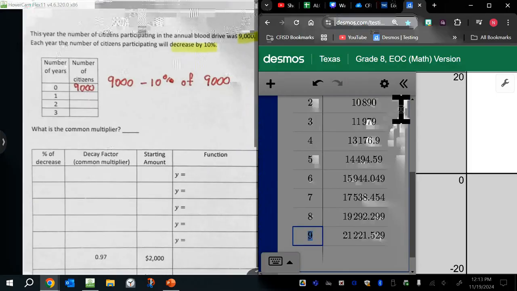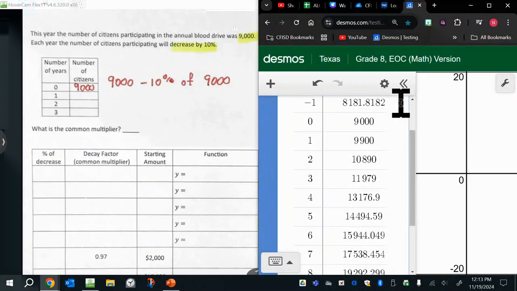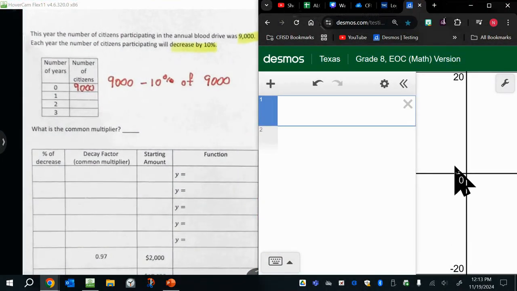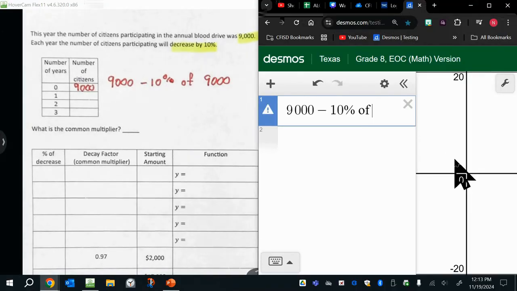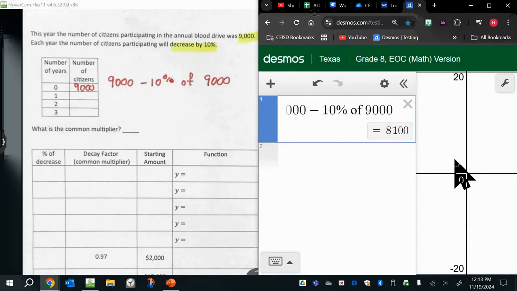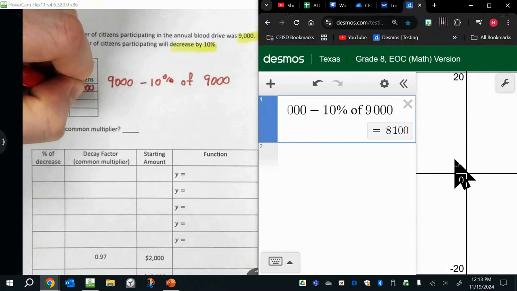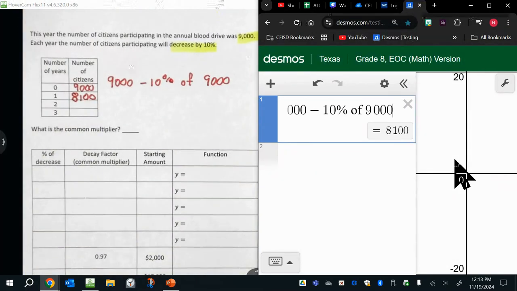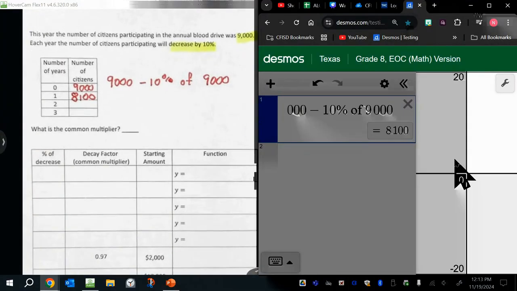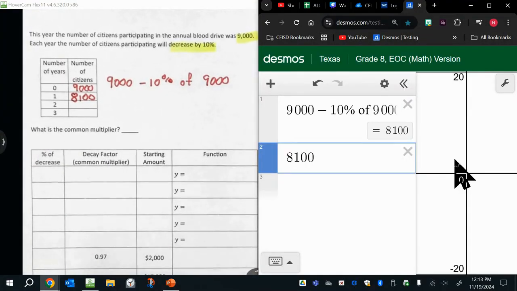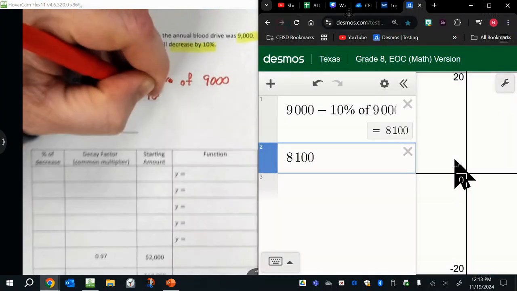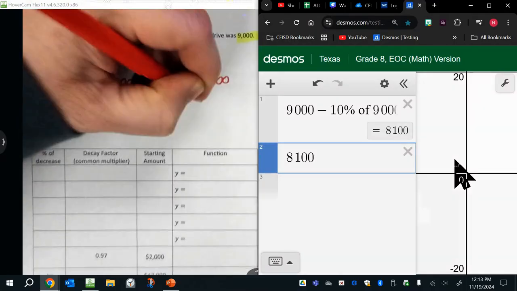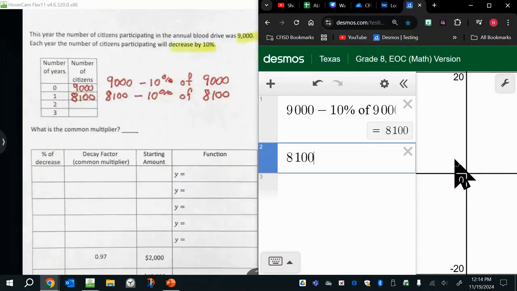So I'm going to clear out what's over here. And we're going to say 9,000 minus 10% of 9,000. So that's 8,100. Now I'm going to take 8,100 and take 10% away from 8,100.